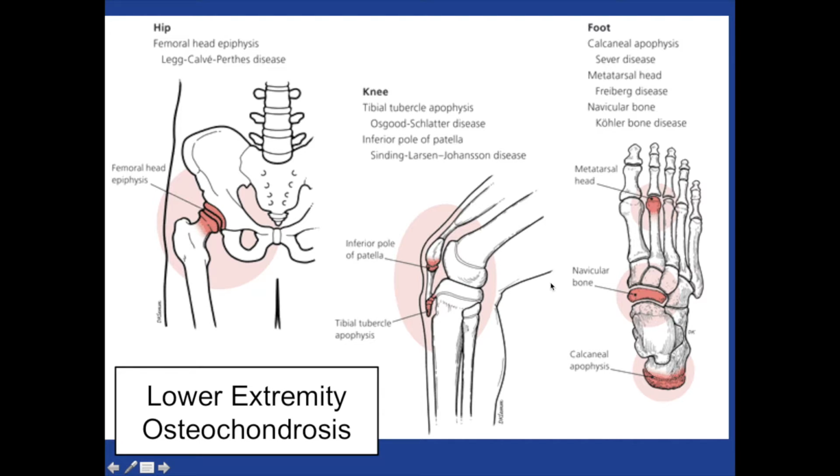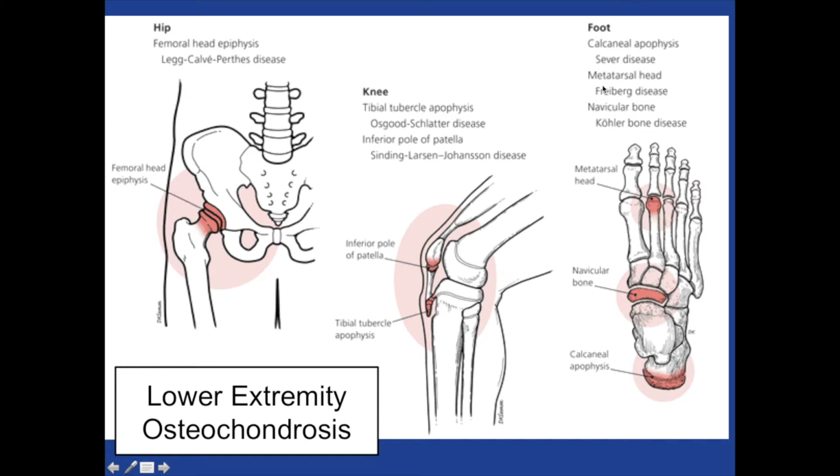The ones we just discussed in the lower extremity is your typical tibial tubercle epiphysis or Osgood-Schlatter. We mentioned its corollary that is a little bit cephalad at the inferior pole of the patella called Sinding-Larsen-Johansson syndrome. In the hip, at the femoral head epiphysis, is something called Legg-Calvé-Perthes disease, which we'll talk about in a little bit.